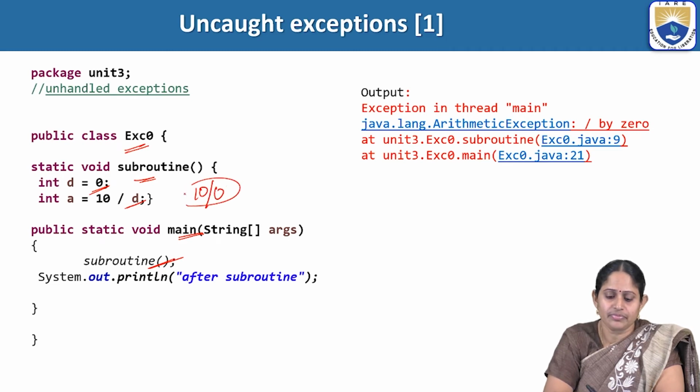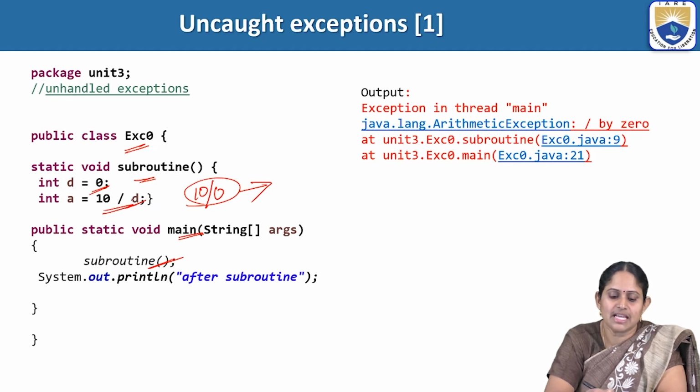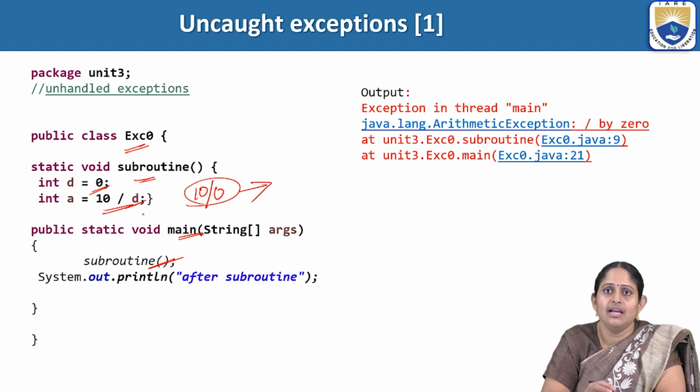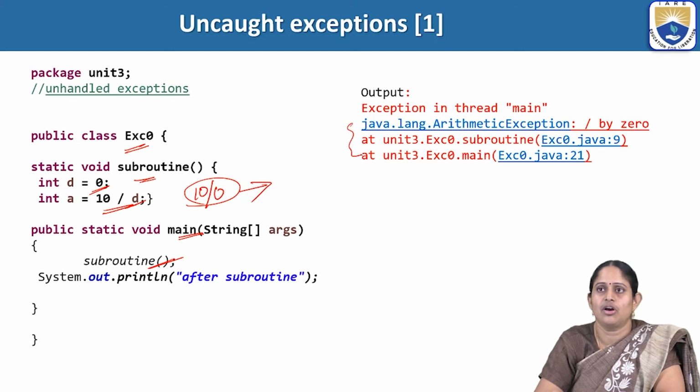This operation is not defined in maths itself. This operation is not defined in Java also. So this will create an exception. This is creating a runtime exception. When this statement is encountered, an exception object will be created.